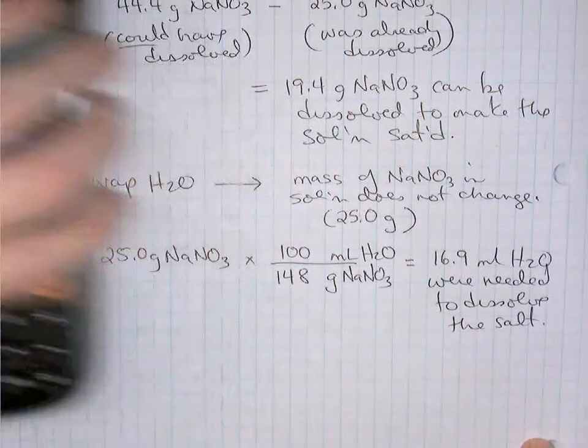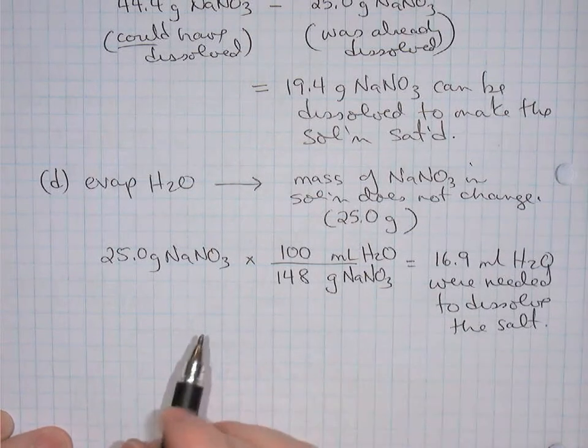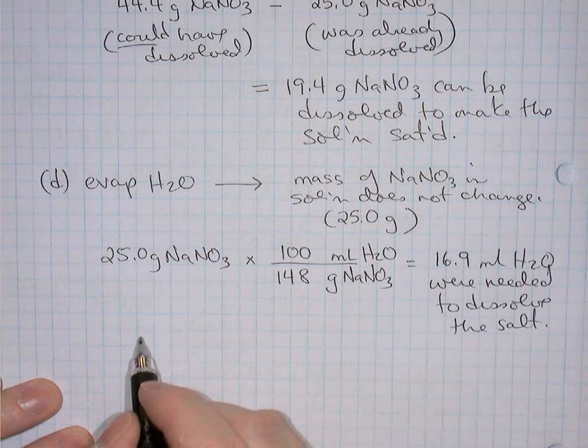But is that how much water we used? If you look back at the beginning of the question, we actually used 30 mils of water. So we used too much water.